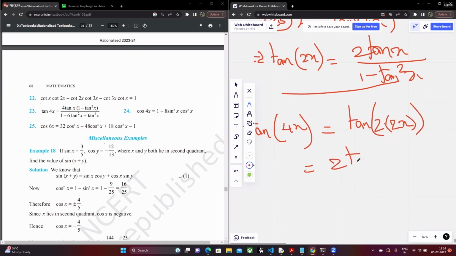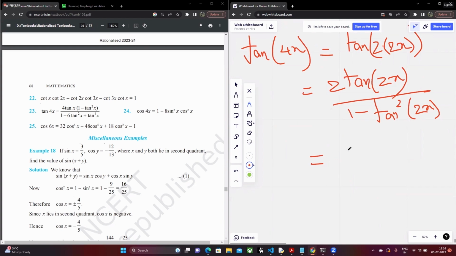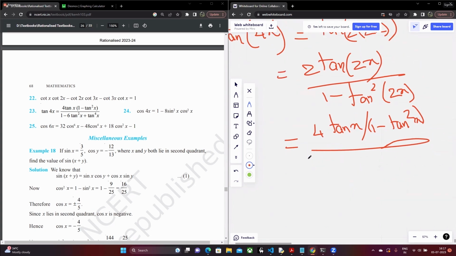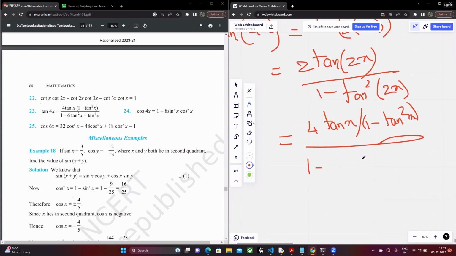Which is basically 2 tan of 2x divided by 1 minus tan squared 2x, which can further be written as 4 tan x by (1 minus tan square x) divided by 1 minus (2 tan x by 1 minus tan square x) the whole square.